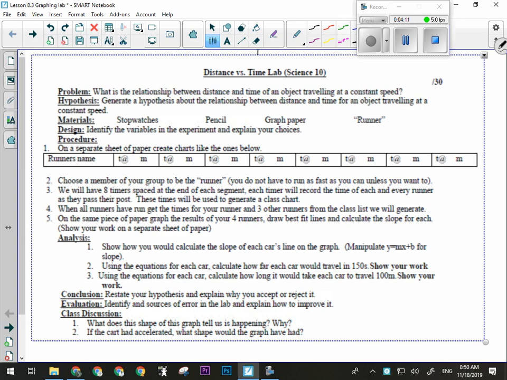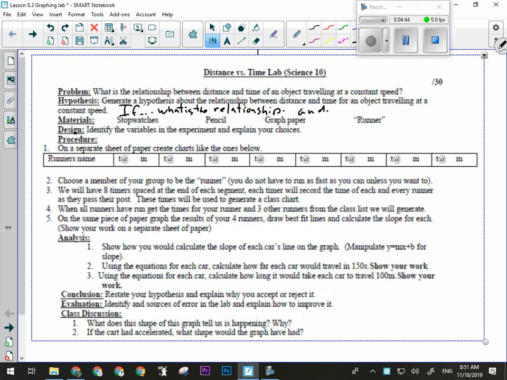All right. So, your hypothesis, we'll need to talk about that because it says generate a hypothesis about the relationship between distance and time for an object traveling at a constant speed. So here's what I want. In the if part, talk about that relationship. Oh wait, I might have spoiled that already. The and part, we describe the experiment. I haven't gone over that yet, but it's pretty simple.